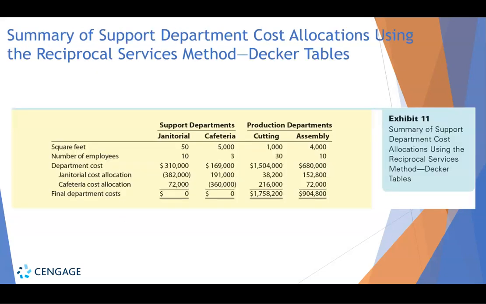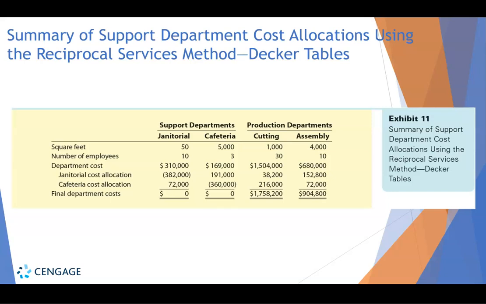Here, as you see in this slide, after the support department costs have been allocated, the support departments have no costs remaining. Since all costs have been allocated to the production departments, management can apply the production department cost to products.